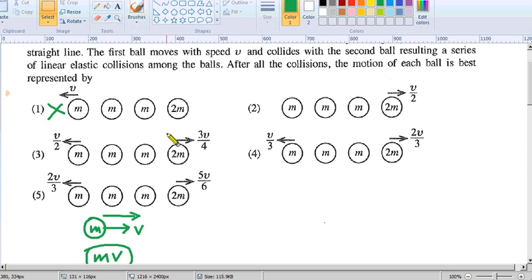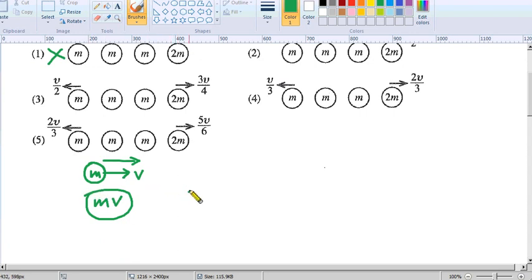The final velocity of this 2m ball is this one, in this direction. We take the direction to the right as positive, because momentum is a vector.